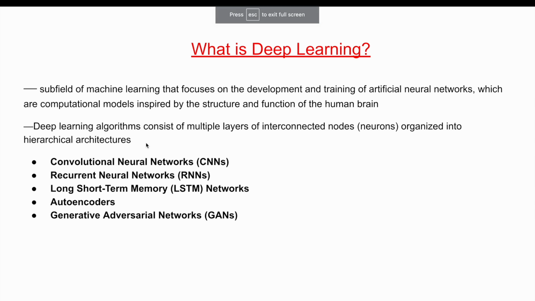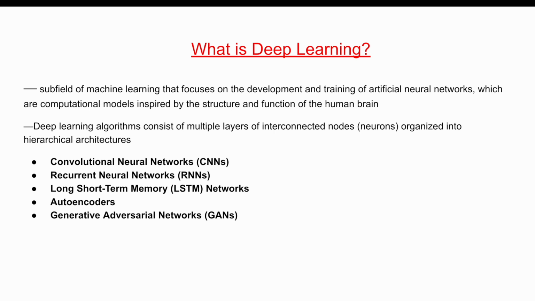Another technique that is a key component of deep learning is the recurrent neural network. Recurrent neural networks, or RNNs, are a type of neural network architecture designed for processing sequential data like text or time series.